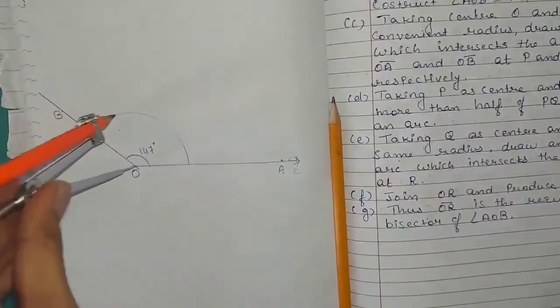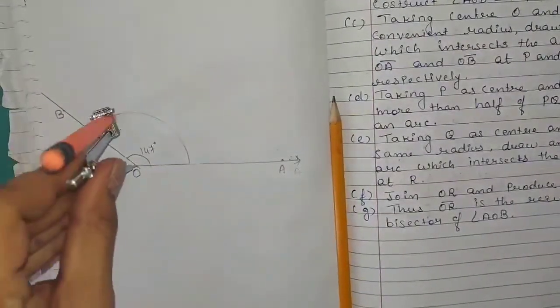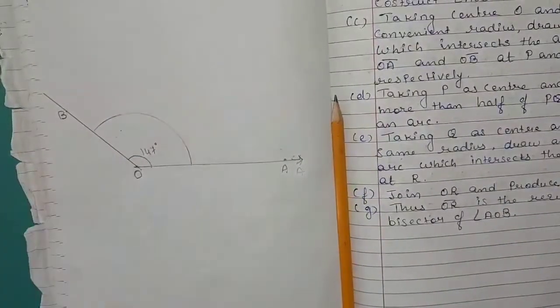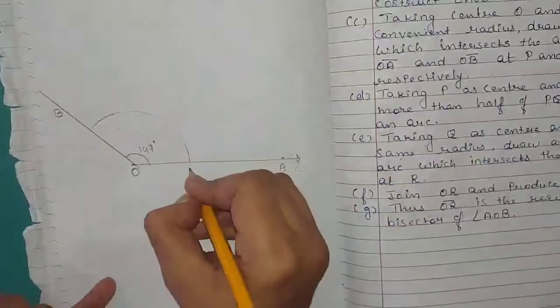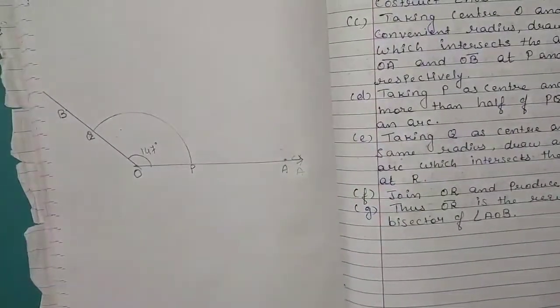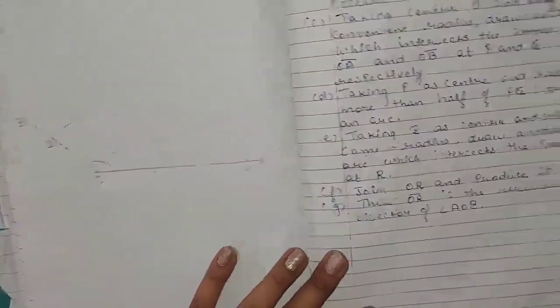So this is our arc. This arc cuts OA and OB, and we label the points as P and Q. Next step.